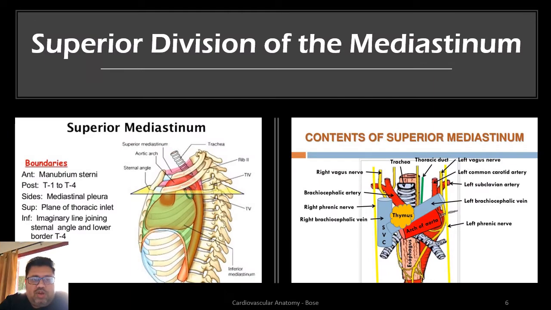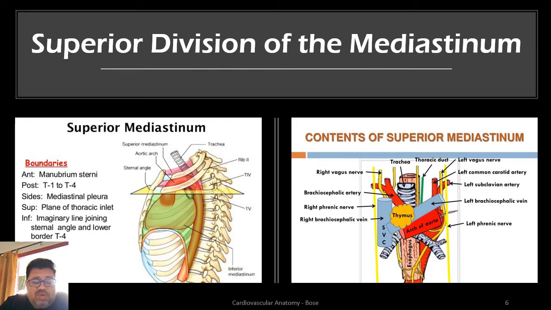The superior division of the mediastinum is bounded anteriorly by the manubrium sterni. In the back, there is the T1 through the T4th vertebra. The sides of the superior mediastinum are bounded by the mediastinal pleura or the medial side of the pleura.